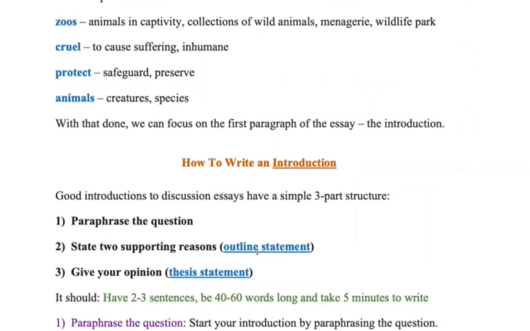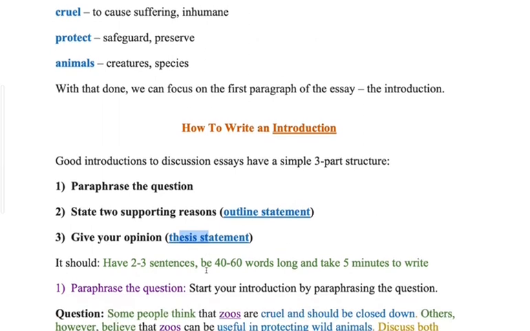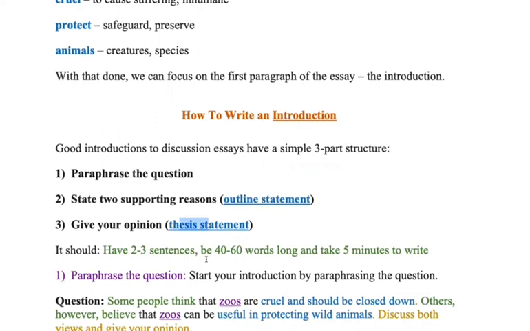So paraphrase the question, state 2 supporting reasons, okay? That would be the thesis statement, and give your opinion in your outline statement. Or you can do it the other way. So it is okay. As I said earlier, you can bring thesis and outline statements together in one sentence.